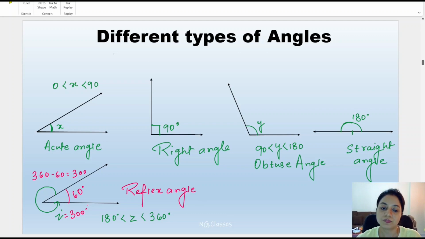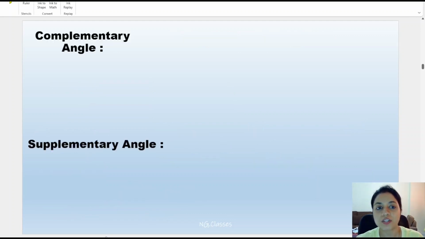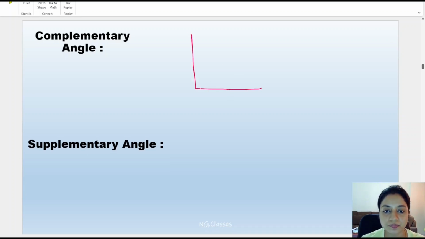Now let's see what's the difference between complementary angle and supplementary angle. So if we are having angles like this, where this angle represents x, where the value of x is 60 degree, and here we are having angle y, and the value of y is 30 degree.